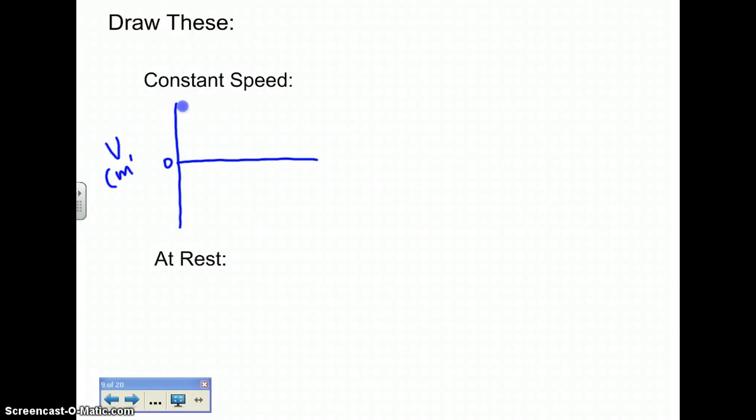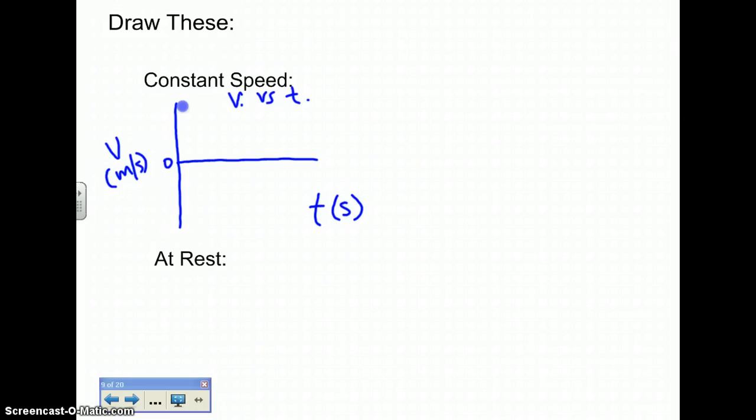Okay, so we're going to draw some here. The constant speed, for instance. Constant speed on a velocity versus time graph. The first thing I would like you to notice is that with velocity time graphs, we're always going to show that we have the potential crossing over the x-axis. So draw your template of your graph this way, always, if you're talking about a velocity time graph.